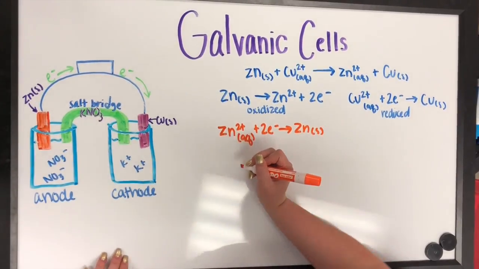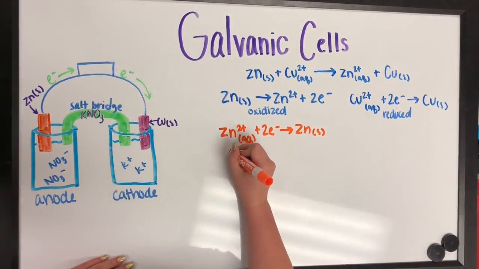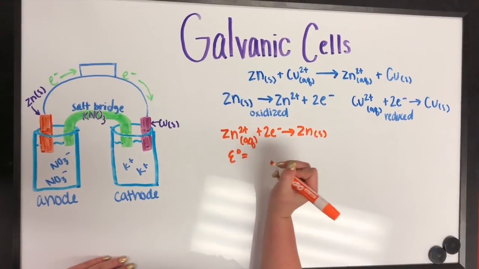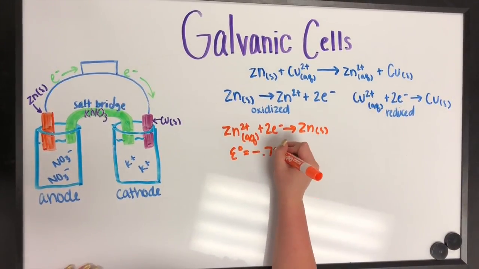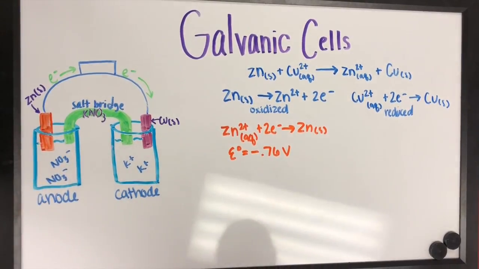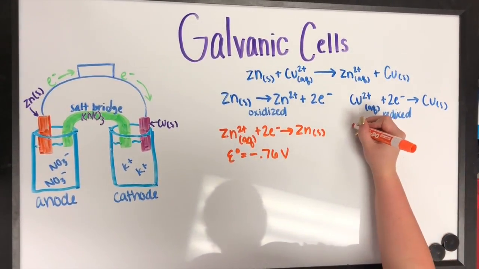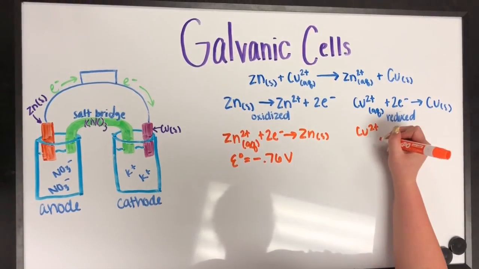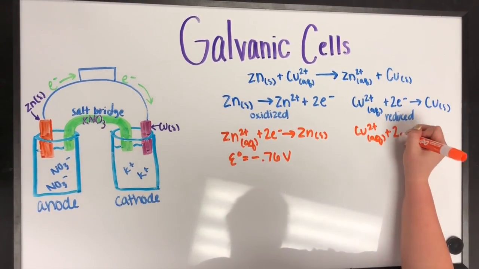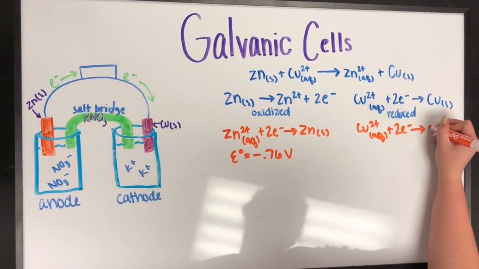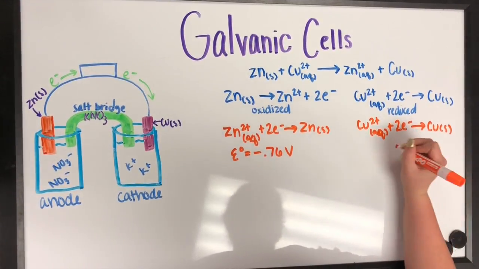So the reduction equation for the zinc ion is negative 0.376 volts as the E cell value. And for the reduction of copper, it's going to end up being 0.34 volts as the E cell value.